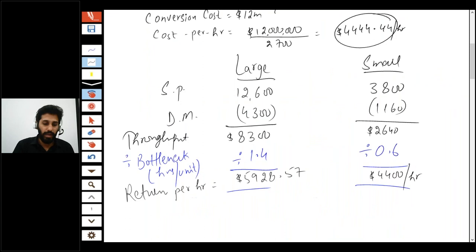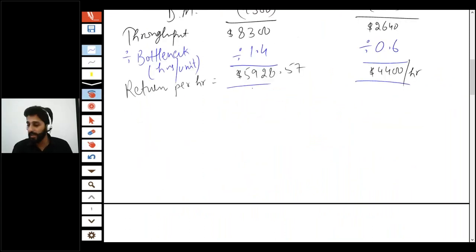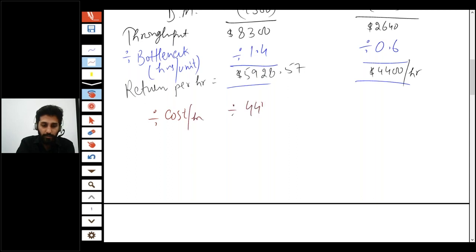Yes. So we have written per hour and we need to calculate cost per hour. We have already calculated above. We simply divide by the cost per hour, that is 4,444.44.